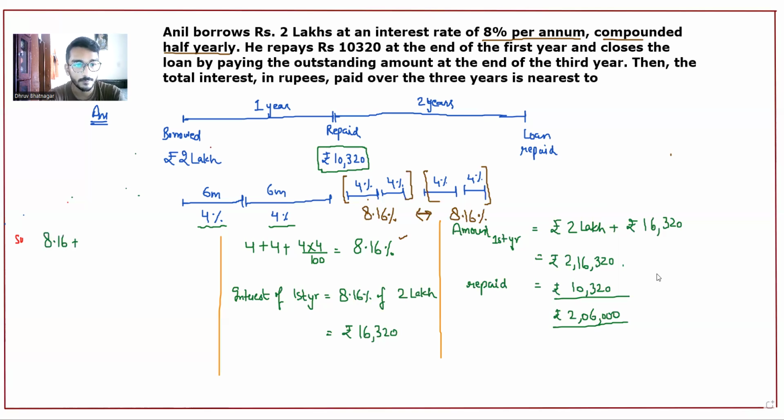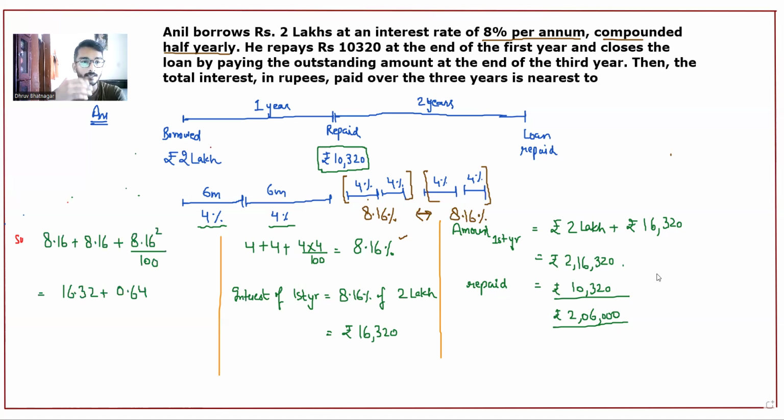I have to just apply the successive percentage change to these two 8.16. So 8.16 plus 8.16 plus, I have to multiply these two, it would be the square divided by 100. Now I am using some approximation here because I will not calculate 8.16 squared. I just approximate it as 8. 8 squared is 64. 64 divided by 100 is 0.64. Why have I approximated?